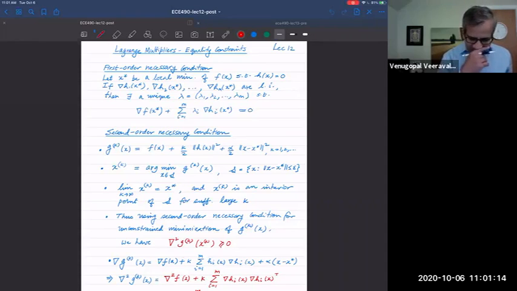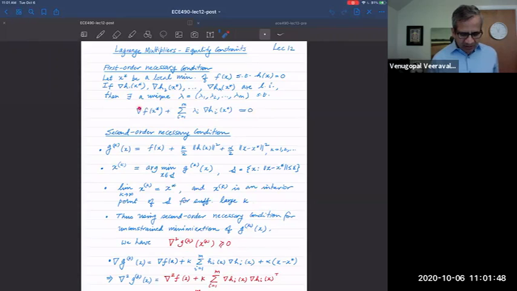Okay, so let's, as usual, briefly review what we were talking about last time, which was Lagrange multipliers with equality constraints. The main result was the necessary conditions for optimality: if x star is a local minimum, then there exists a unique lambda such that this gradient condition holds.